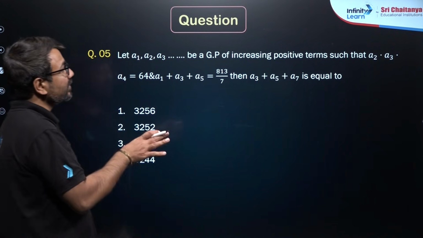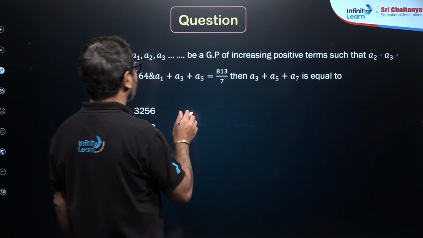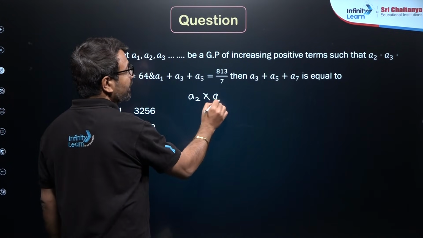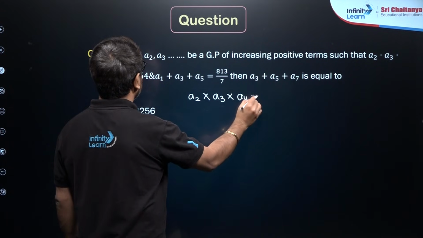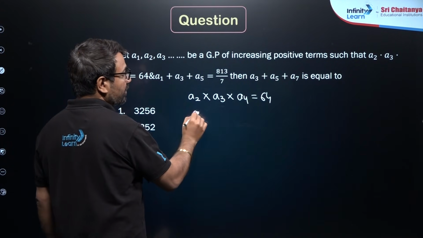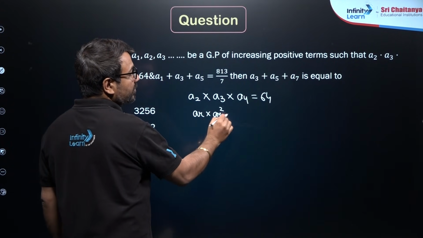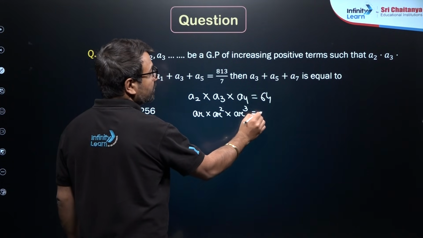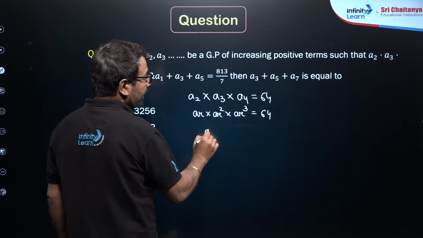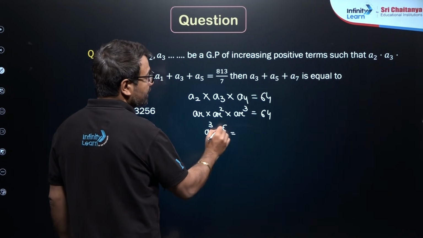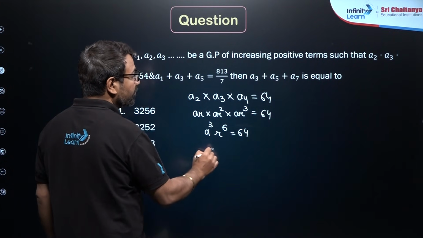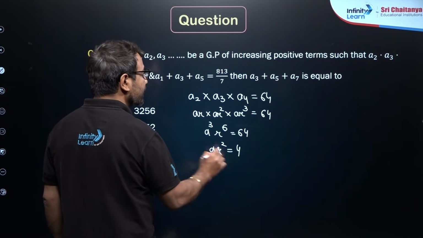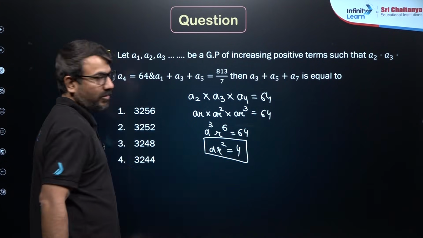Next, these are the numbers which are in GP, that the product of A2, A3 and A4, they have given 64. So AR into AR square into AR cube, so that will be 64. A cube R raised to the power 6 will be 64. If you take the cube root both the sides, AR square will be 4.